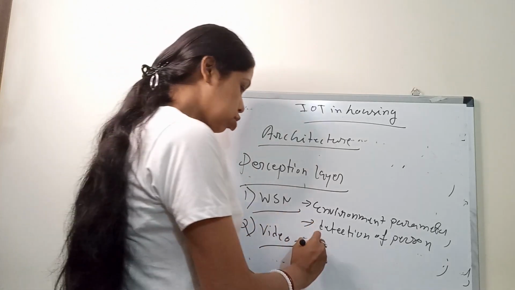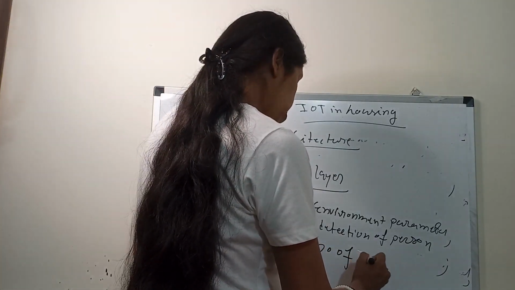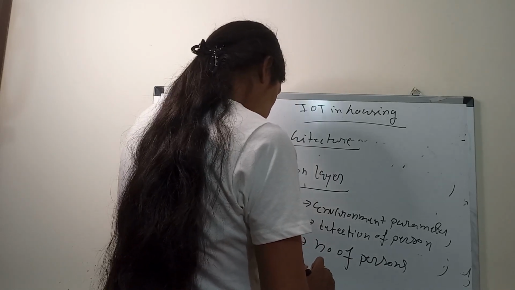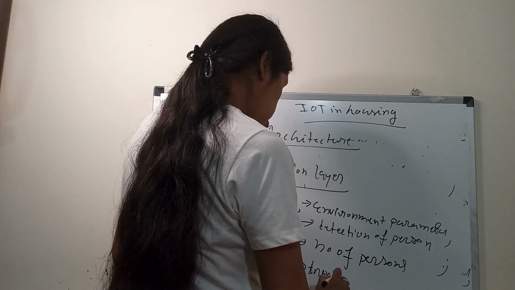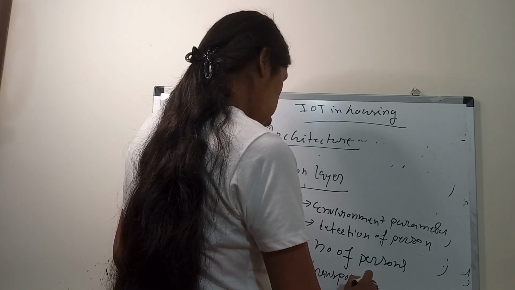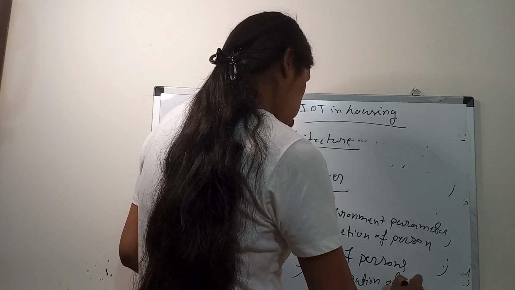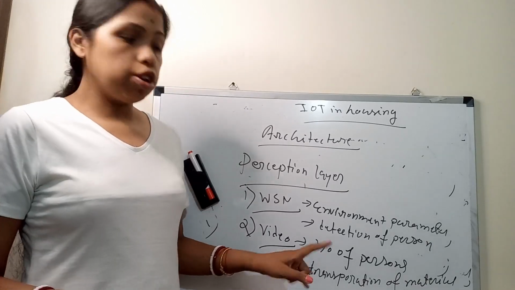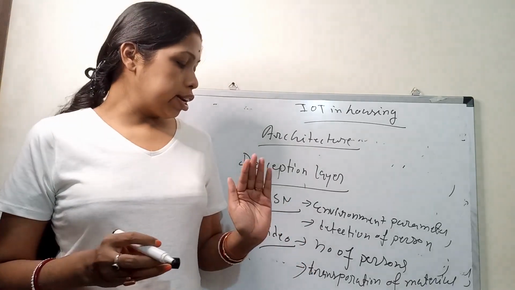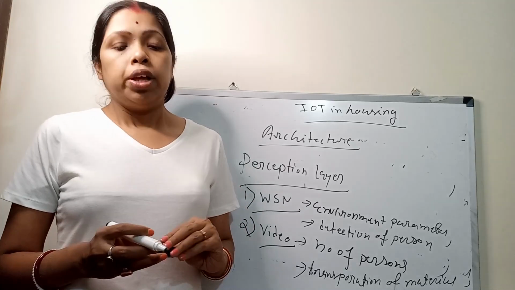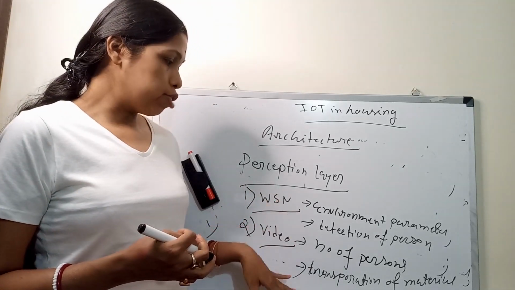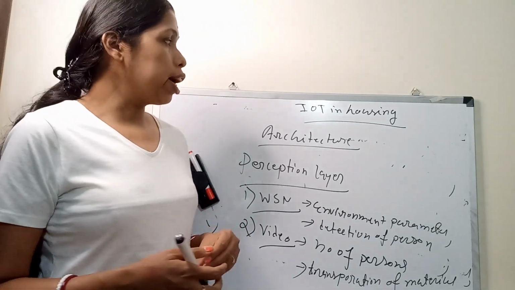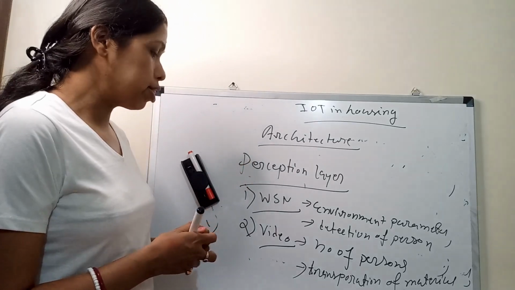Number of persons and transportation of any material are the examples. This can be detected by video surveillance and video camera. So you need a WSN network as well as, separately, video surveillance for designing IoT in housing application for the perception layer.